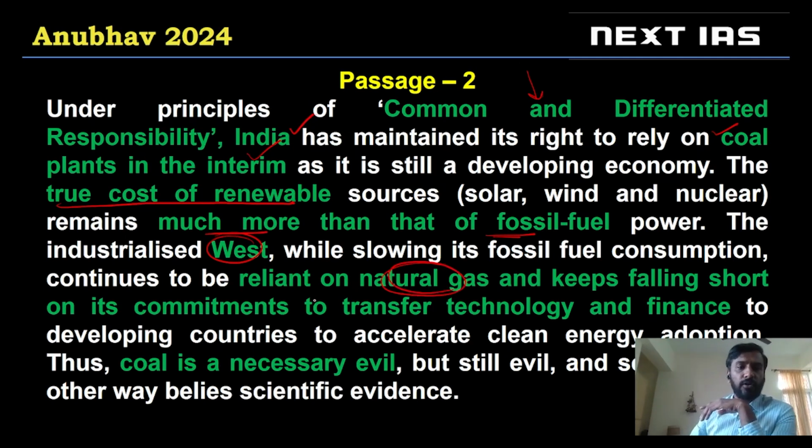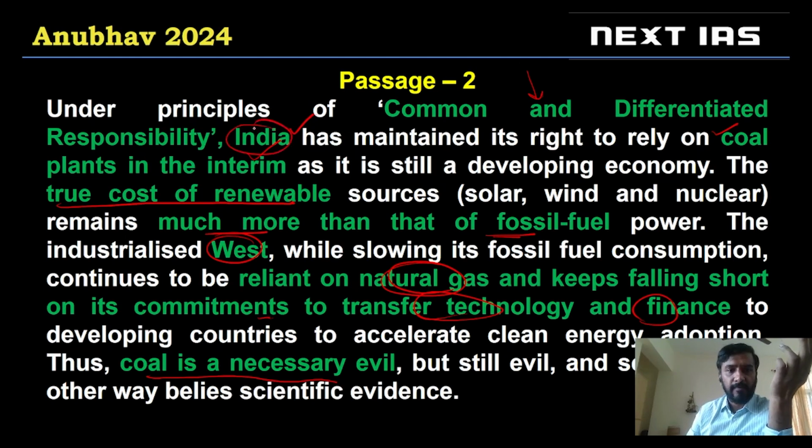And keeps falling short of its commitments to transfer technology and finance. So West is using natural gas, which is polluting. It's not transferring technology, it's not transferring finance. So this is unfair. So eventually the author says coal is a necessary evil. Countries like India have to rely on coal. It's a necessary evil. It is evil, but a necessary evil.